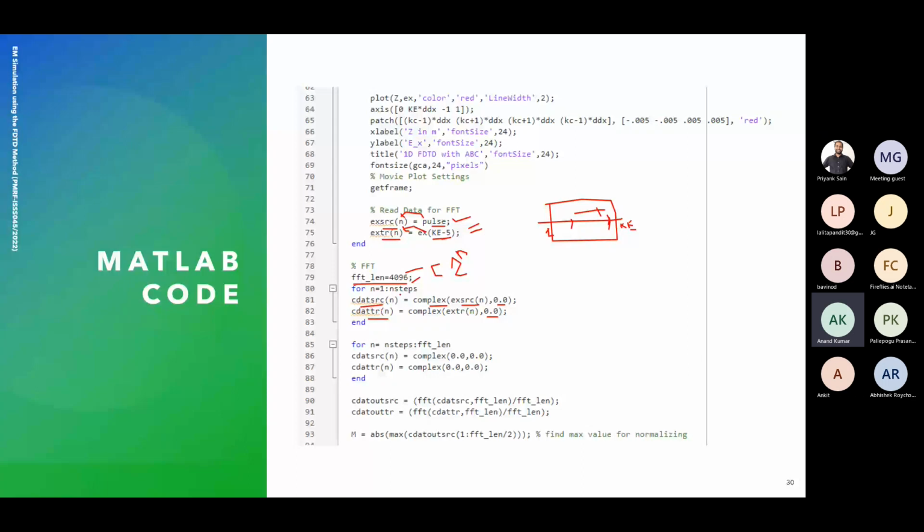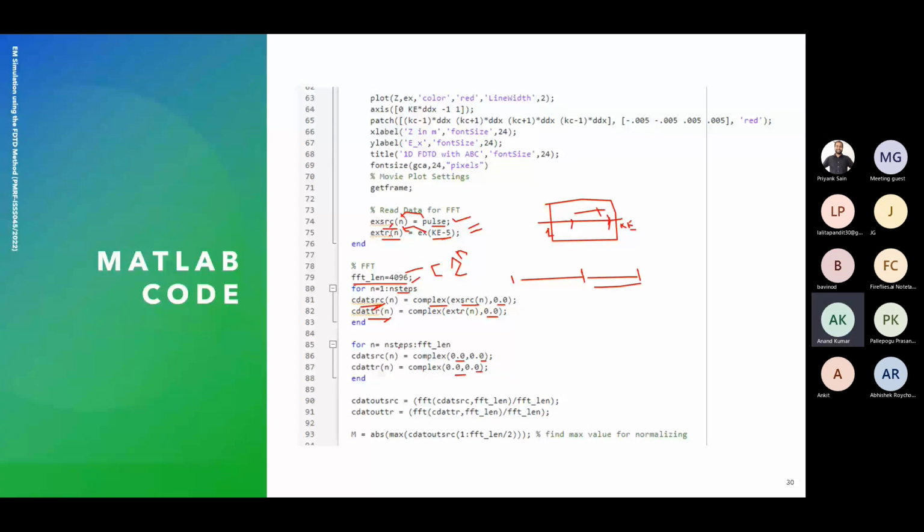Since our simulation was run from 1 to nsteps, we have stored the entire values in these two variables. Make sure nsteps is always less than or equal to the FFT length. We have stored from 1 to nsteps, and there's a remaining part till 4096, the FFT length. Over here, we'll just fill it with zeros so that we have the entire array.